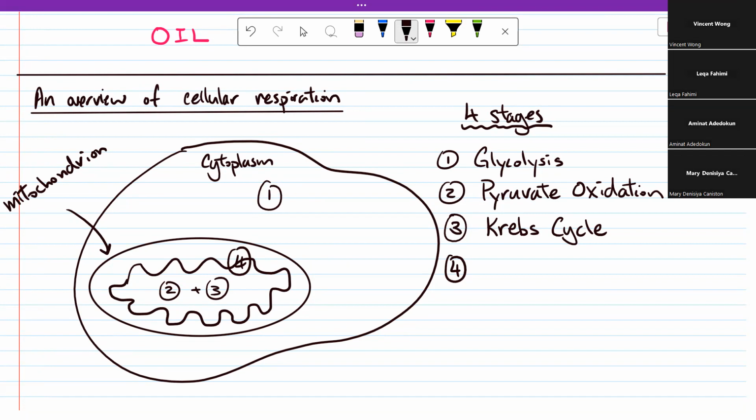And that is the cristae, C-R-I-S-T-A-E. And that step is called the electron transport chain, or ETC for short.